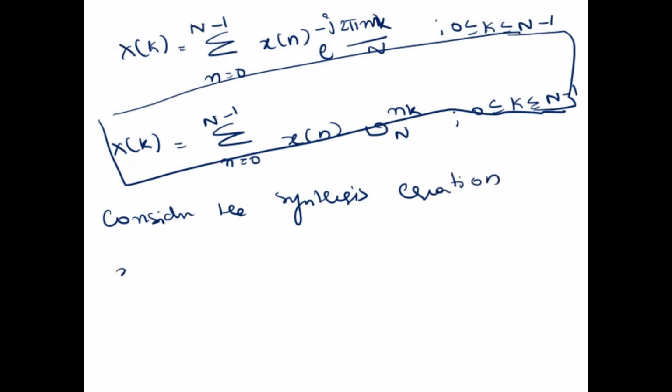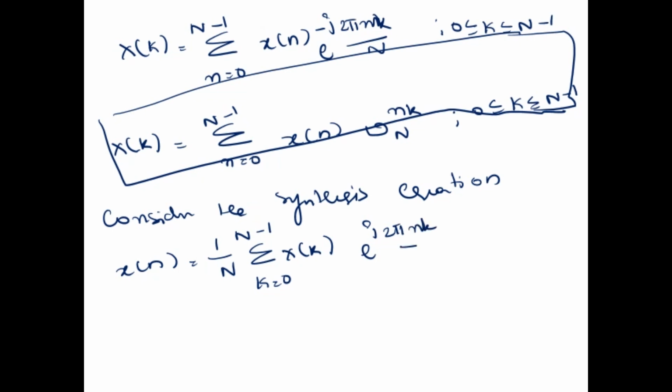x of n is equal to 1 by N summation k is equal to 0 to N minus 1 X of k e power j 2 pi nk by N, where n varies between 0 to N minus 1.